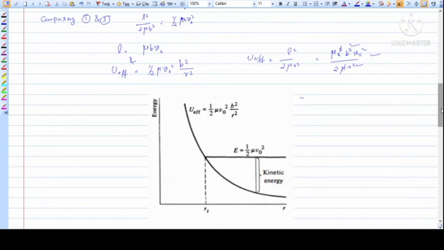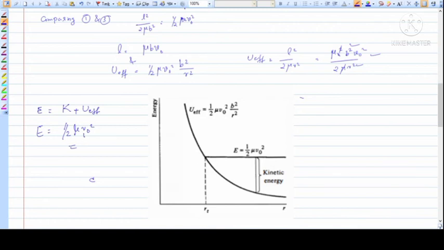Total energy is equal to kinetic energy plus U effective. And energy is a constant value, equal to half mu V0 square.